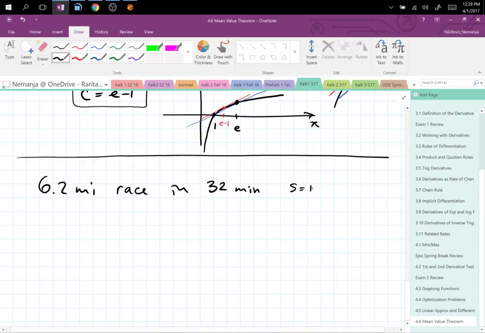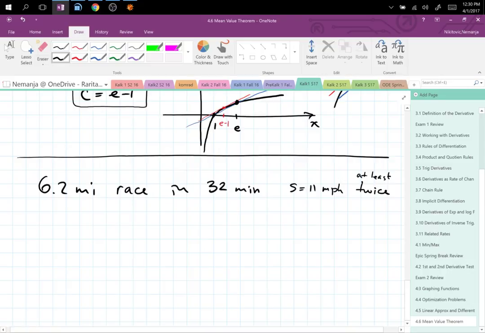So speed had to be 11 miles per hour exactly twice, or at least twice. What does that mean?